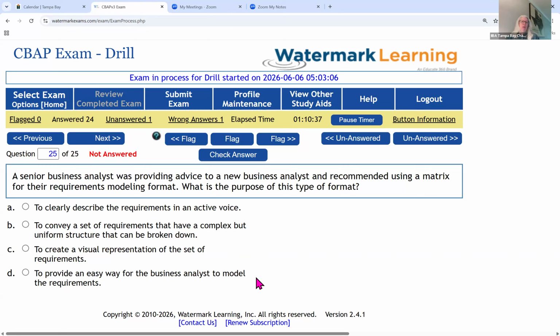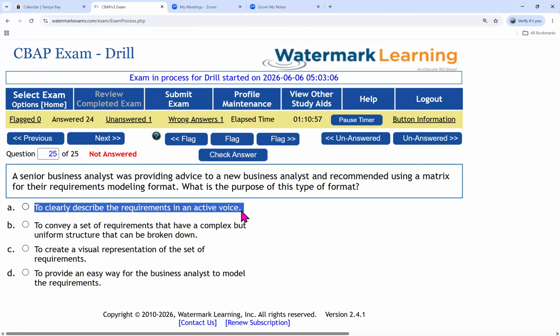So let's eliminate one. In a matrix, eliminate A. What is the technique that this is talking about? In an active voice, a user story. A user story. Very good.